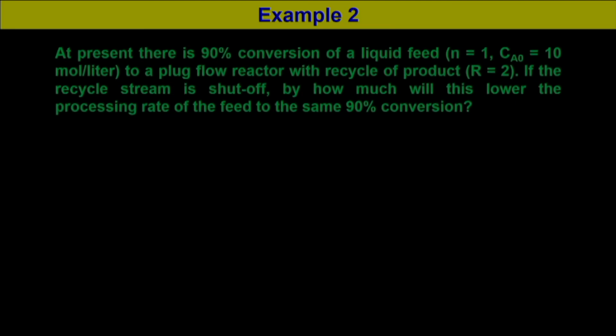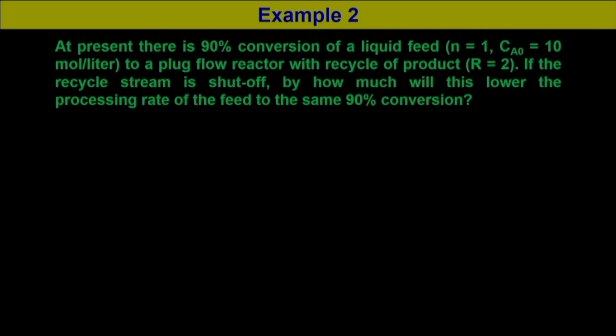Now, take another example. At present, there is 90% conversion of a liquid feed, n is equal to 1, CA0 is equal to 10 mole per liter, in a plug flow reactor with recycle of product, and the recycle ratio is given as R equal to 2.